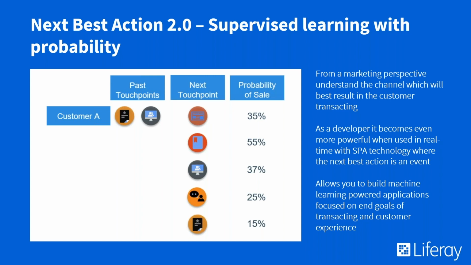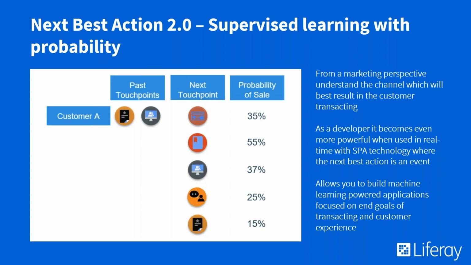We can analyze what all their potential next actions might be, and then the probability that their next action will lead to them transacting or to them depositing money in an account. And this is what we mean by next best action 2.0. So we can actually tell the system what the next best thing to do is, and we do that with machine learning.